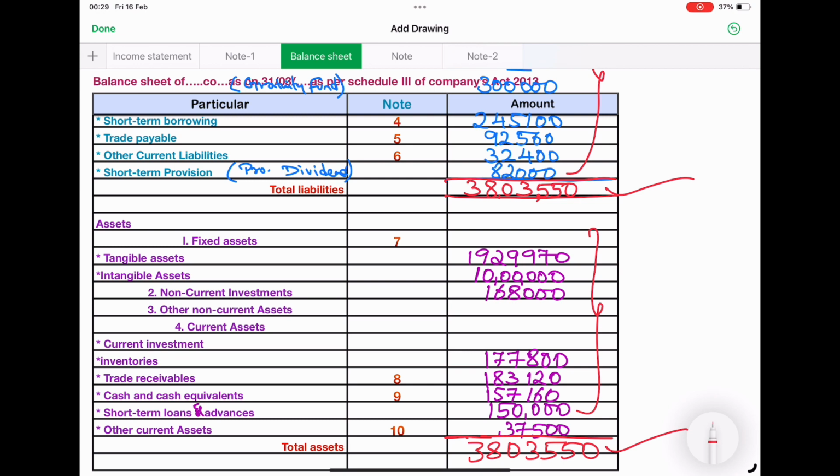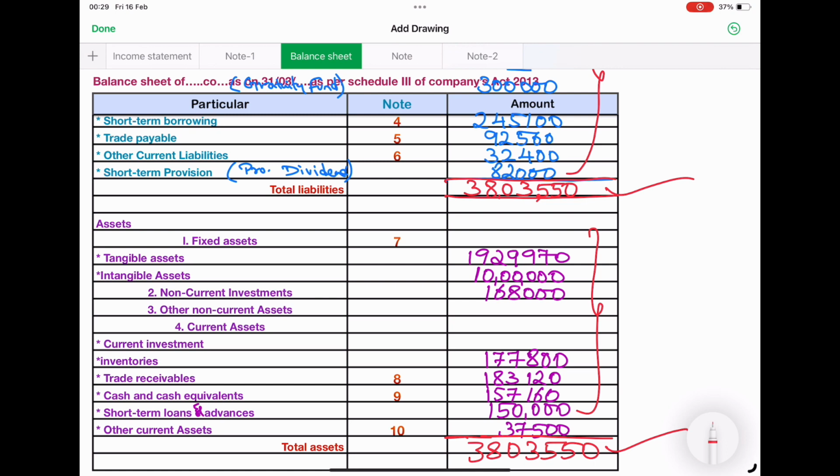Okay, 2 sheets you made a framework. Now you just have to fill the answers. In the next page you are going to start with note number 11. Without identifying your profit we can't solve the balance sheet. So from note 11 to 14 you are going to solve first. After solving 11 to 14 you will complete your income statement first.